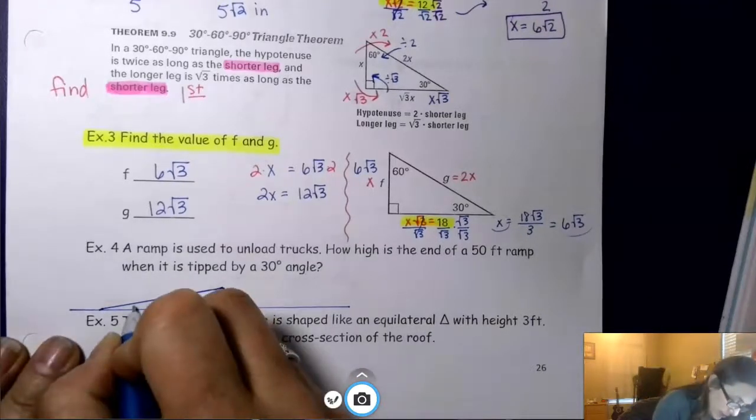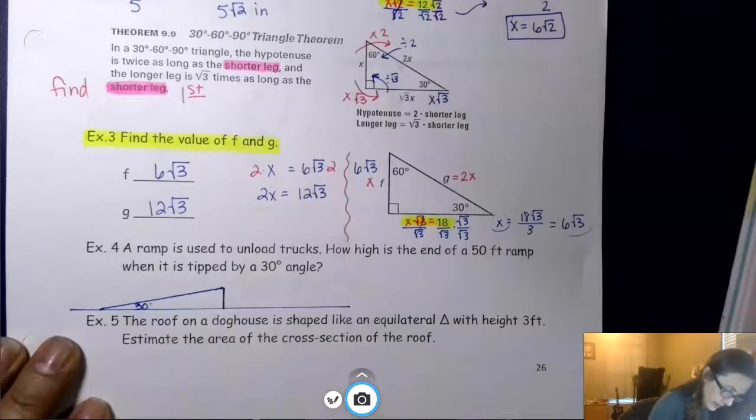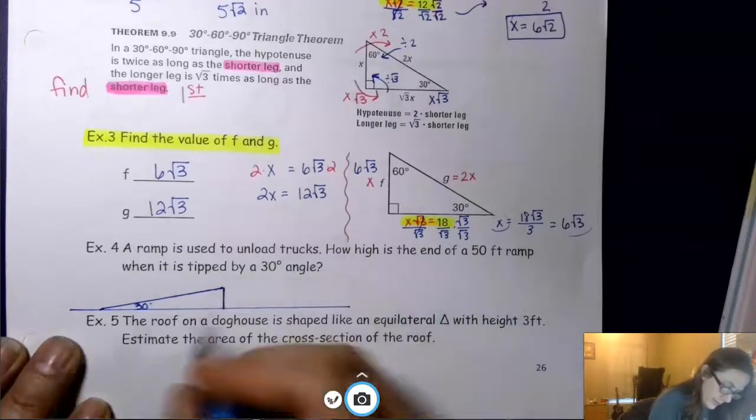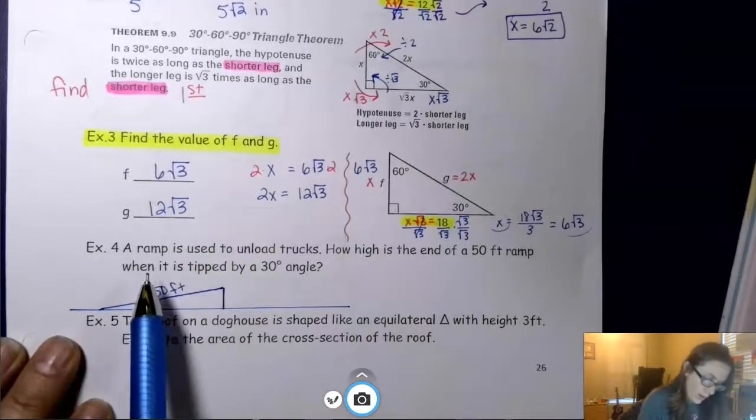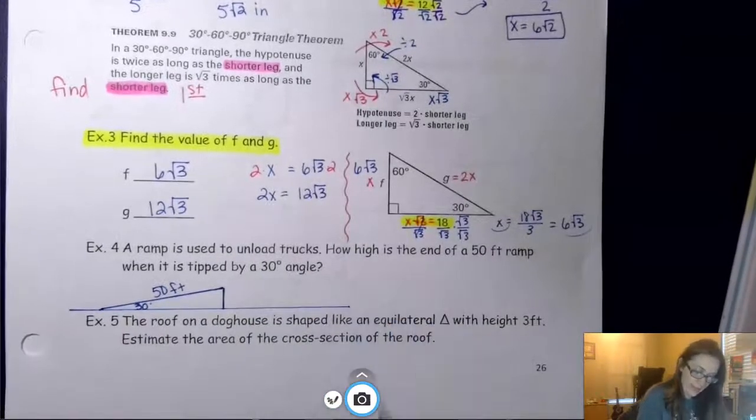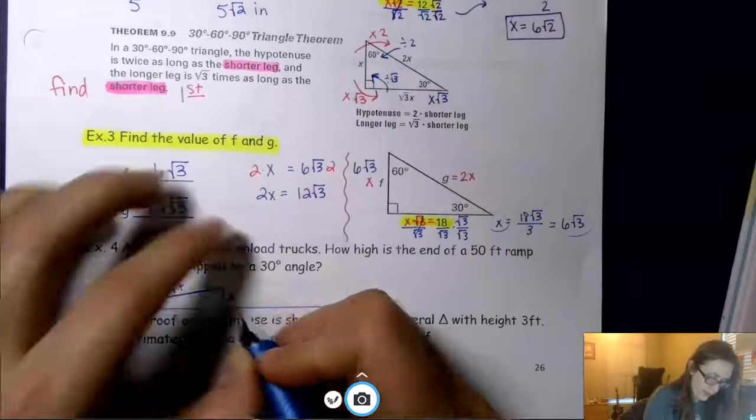It is a 30-degree angle here, and the ramp is 50 feet. How high is the end of the ramp? I want to know this value x right here.